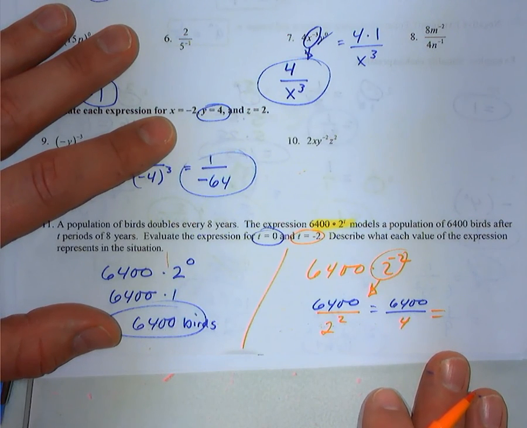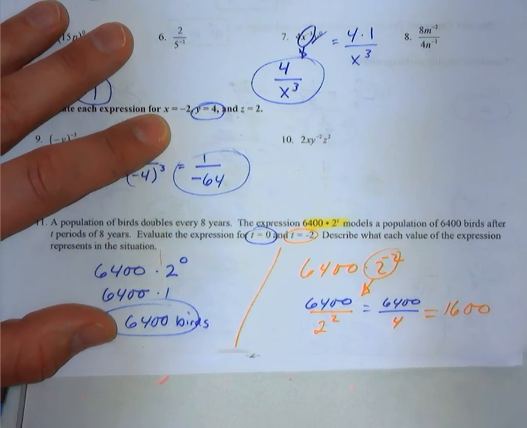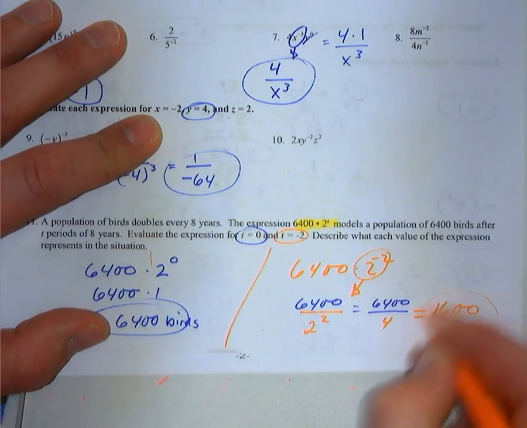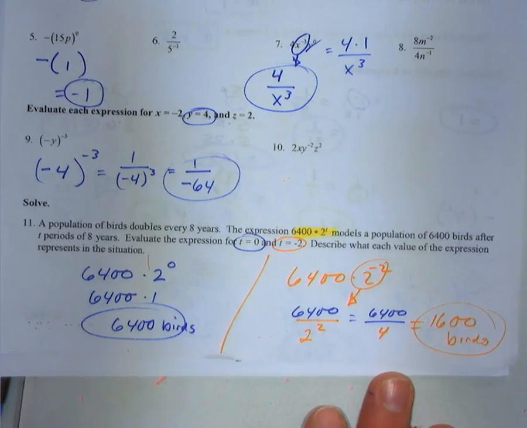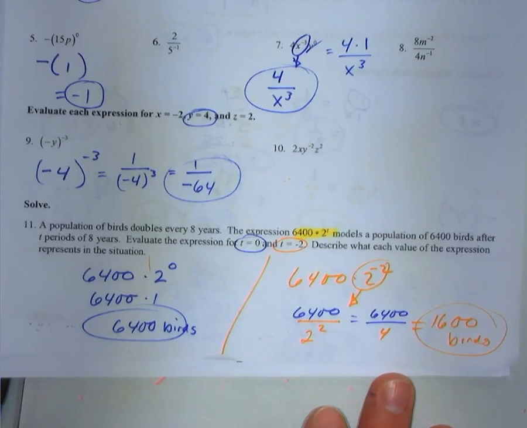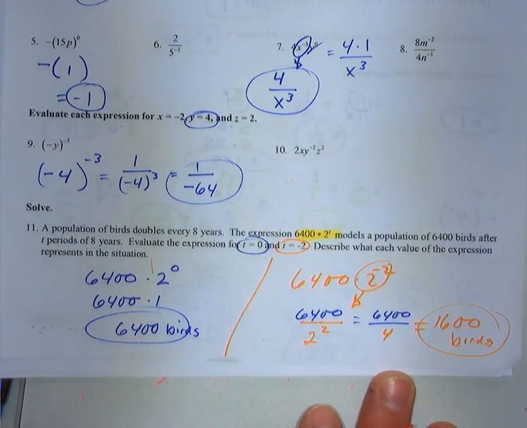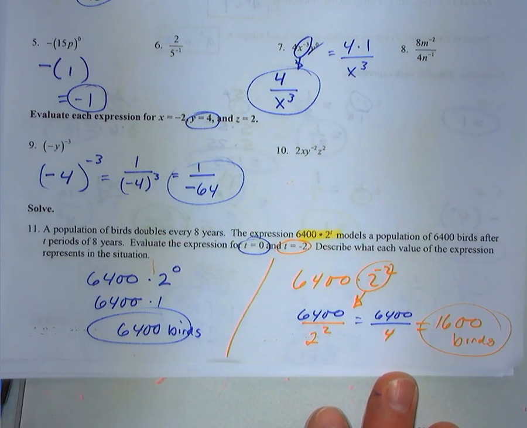What do you get, Danny? 1,600. Okay, so again, that represents 2 periods of 8 years ago. So 16 years ago, there were 1,600 birds in this population. Okay, so good stuff.